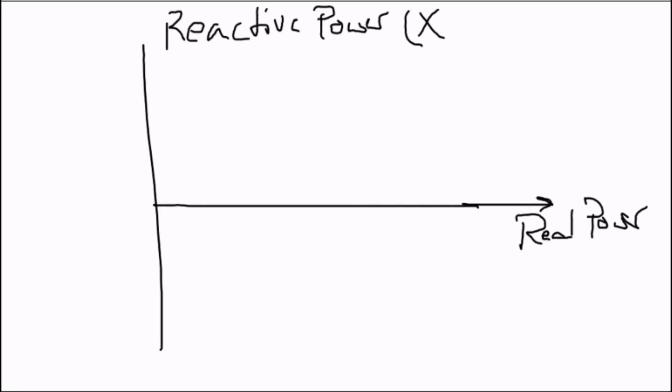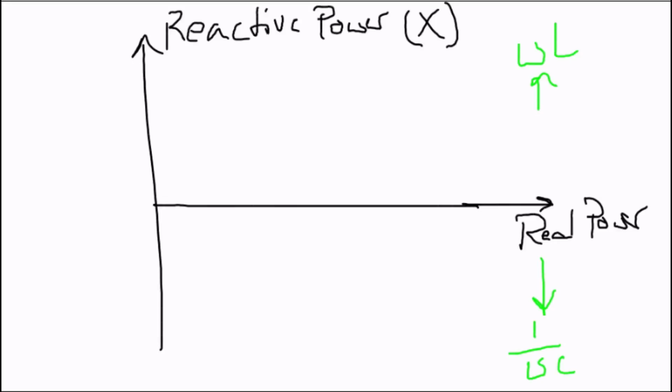Remember we had XL and we had XC? Anything with omega L will be shown this way, and 1 over omega C will take us this way.